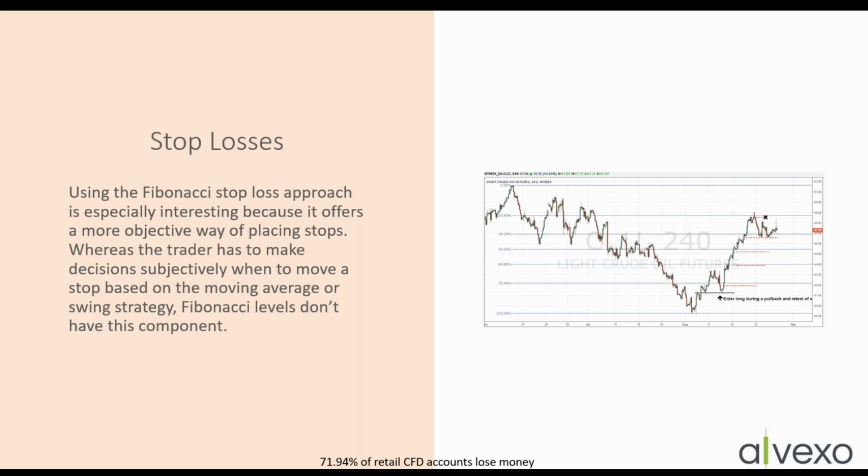So using the Fibonacci stop loss approach is especially interesting because it offers a more objective way of placing stops. Whereas the trader has to make decisions subjectively when to move a stop based on moving average or swing strategy, Fibonacci levels don't have this component. For that entire trade, that fib level is locked in.